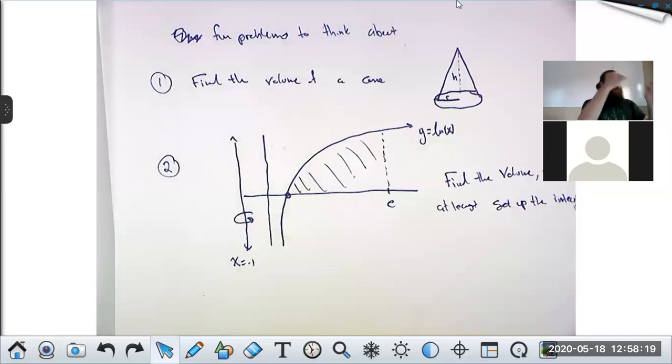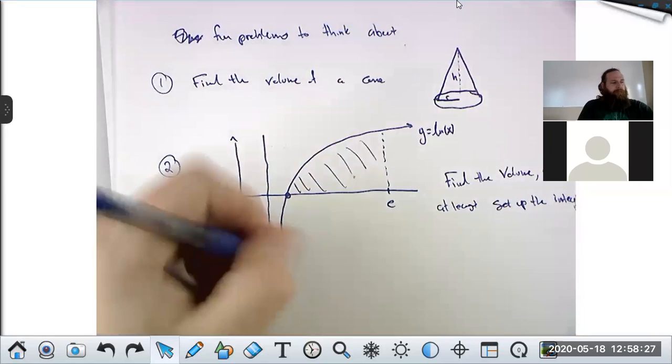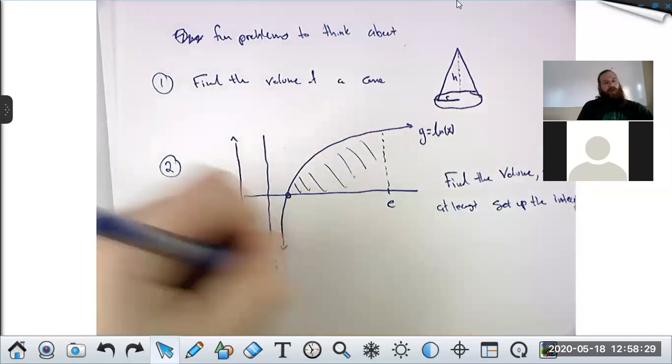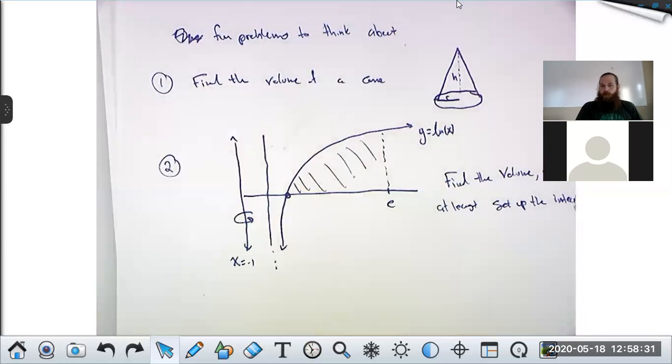I don't remember off the top of my head whether finding the volume exactly here requires an integration method you don't know yet. But this is a problem that, hint nudge, tends to show up on my exam 1 in some form or another. So where the axis of rotation is not one of the coordinate axes, here we're rotating about the line x equals -1.